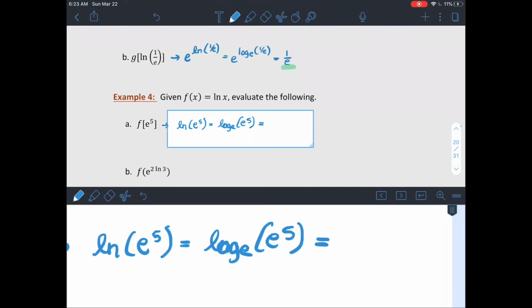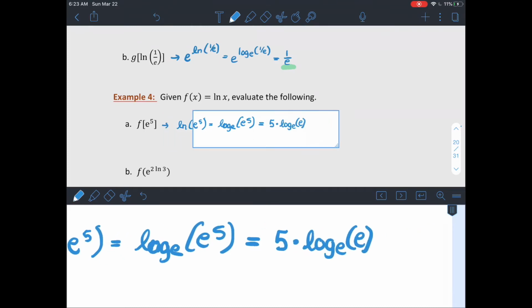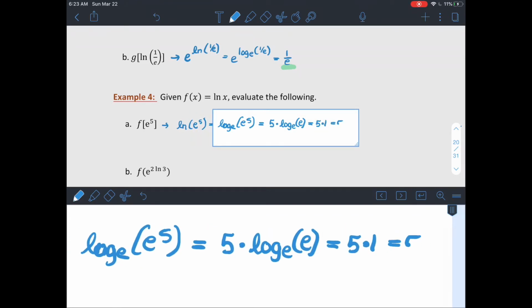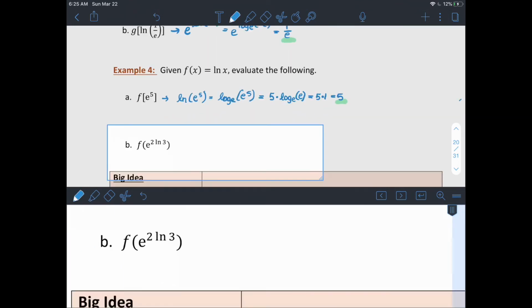You could also use your properties of logarithms, like bring that exponent of 5 out in front, and then go, oh, natural log of e is just 1, because e to the 1st is e, and you get 5. Either way is fine. Same idea here, it's just you're plugging in a messier value.